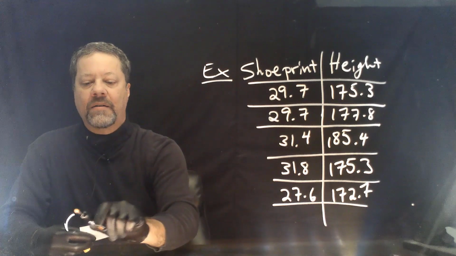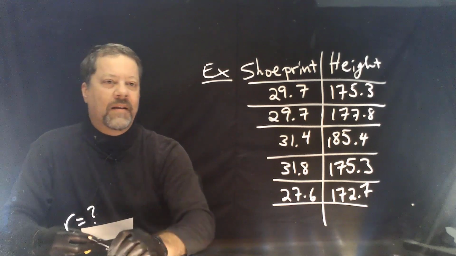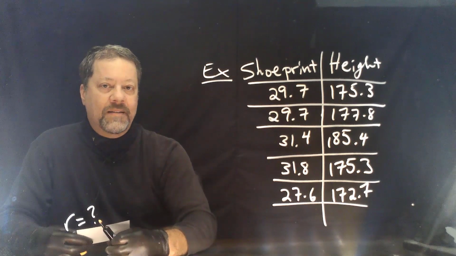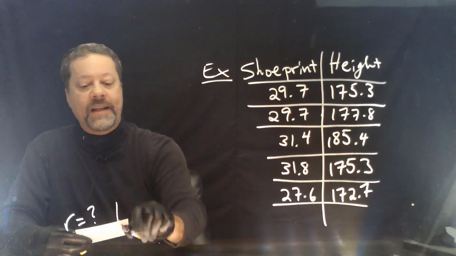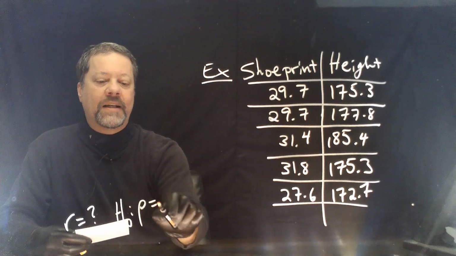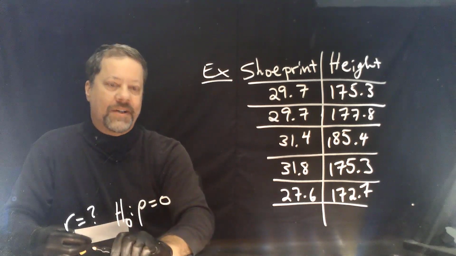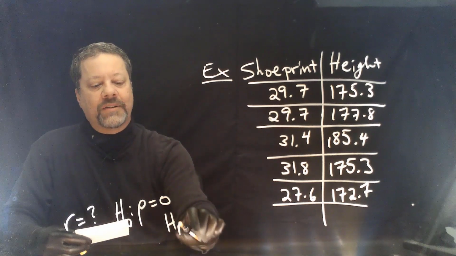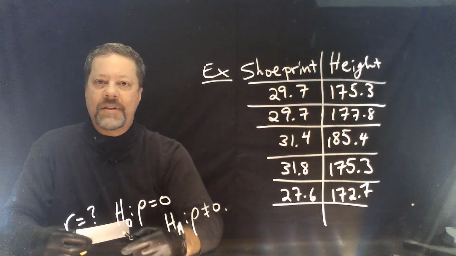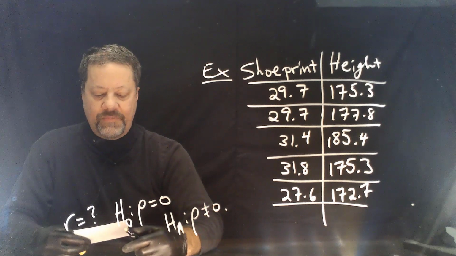I want to know R. I would like to do a hypothesis test, whether or not this is unrelated or not. The null hypothesis will be that the correlation coefficient is 0 for the population. Our alternative hypothesis will be that the correlation is not 0, that there is some linear relationship.